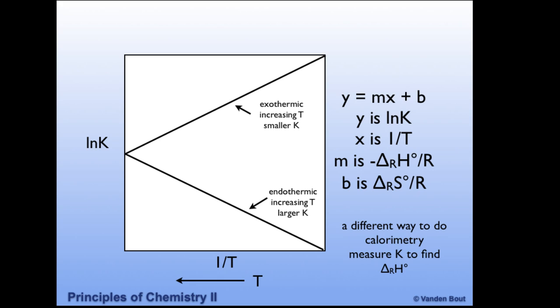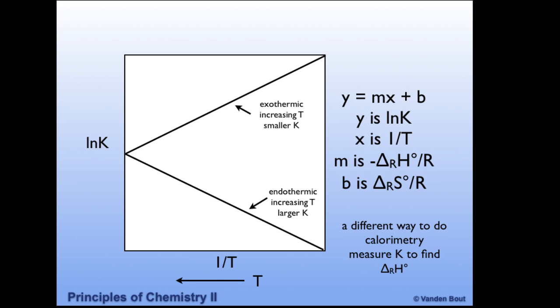This is very useful to realize because this is another approach we use in chemistry. It's actually a different way to measure delta H instead of calorimetry. There are lots of reactions where the heats are so small because there's so little material that it's difficult to actually measure a temperature change. But we might be able to measure concentrations.